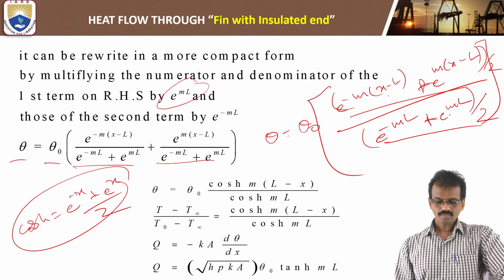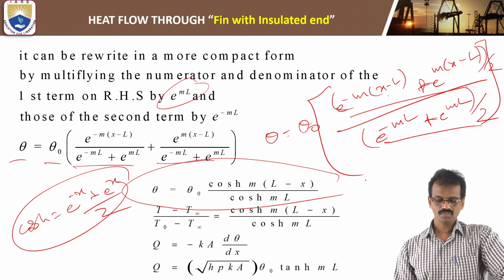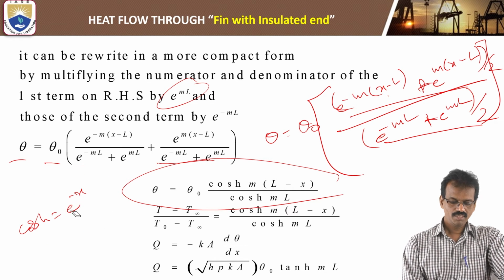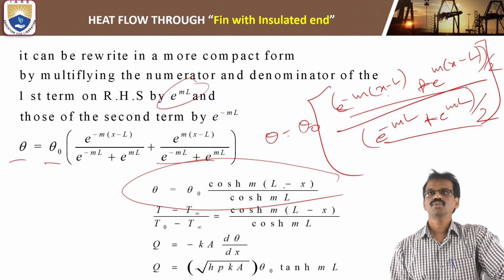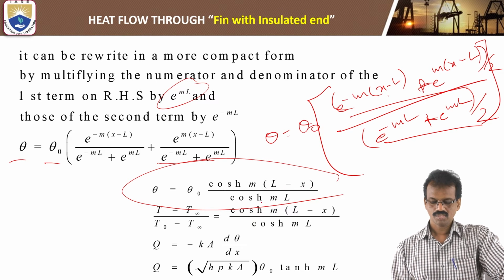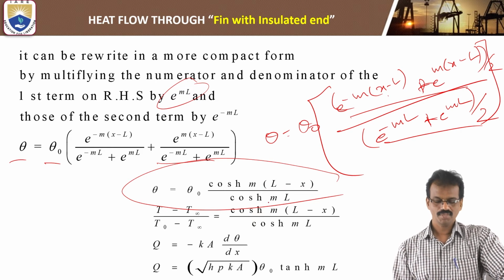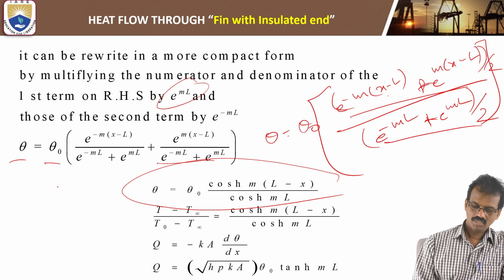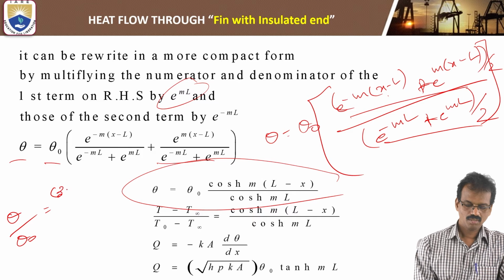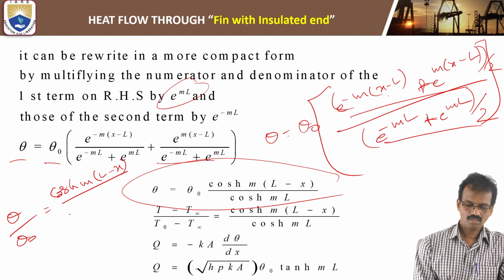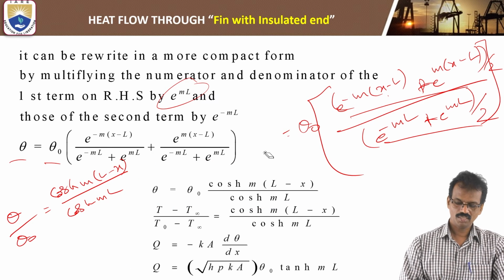So theta is equal to theta naught into cosh m into l minus x by cosh ml. You can rewrite it like this: theta by theta naught is equal to cosh m into l minus x by cosh ml.